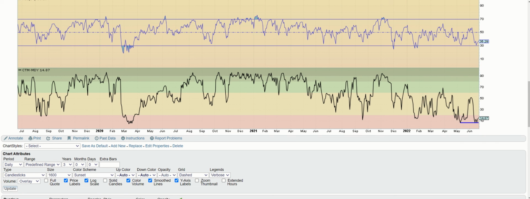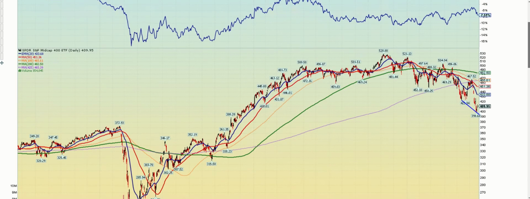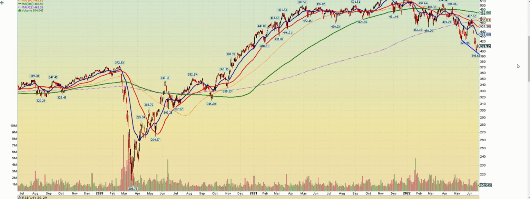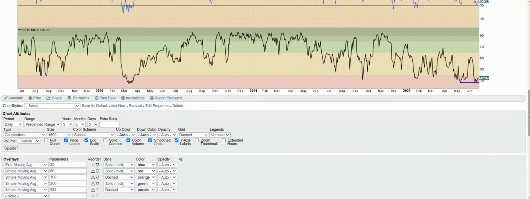For the mid caps, the medium-sized companies, is the Standard & Poor's 400 showing us bullish divergences? Price is going and making lower lows, but the Chande Trend Meter, which shows us the power of the downward swing right now, is weak, but it's not going weaker.